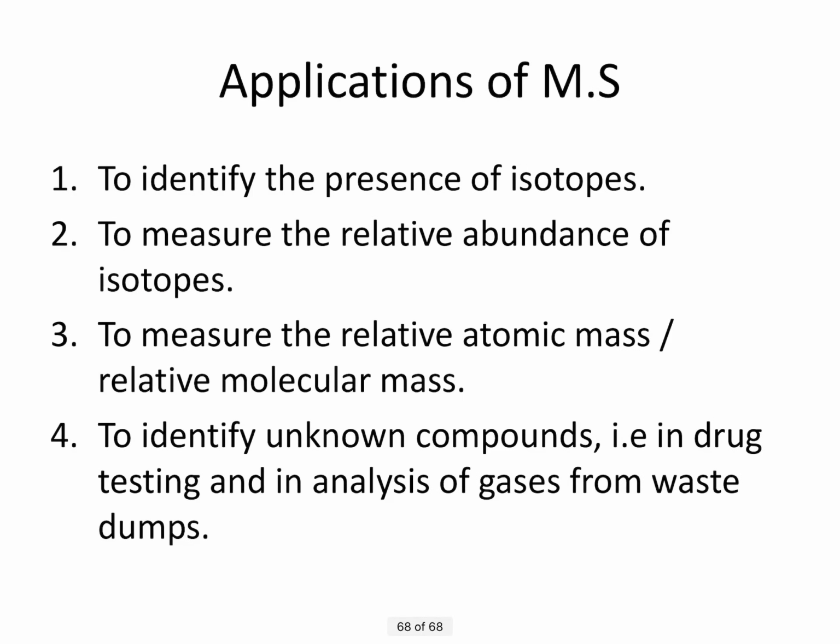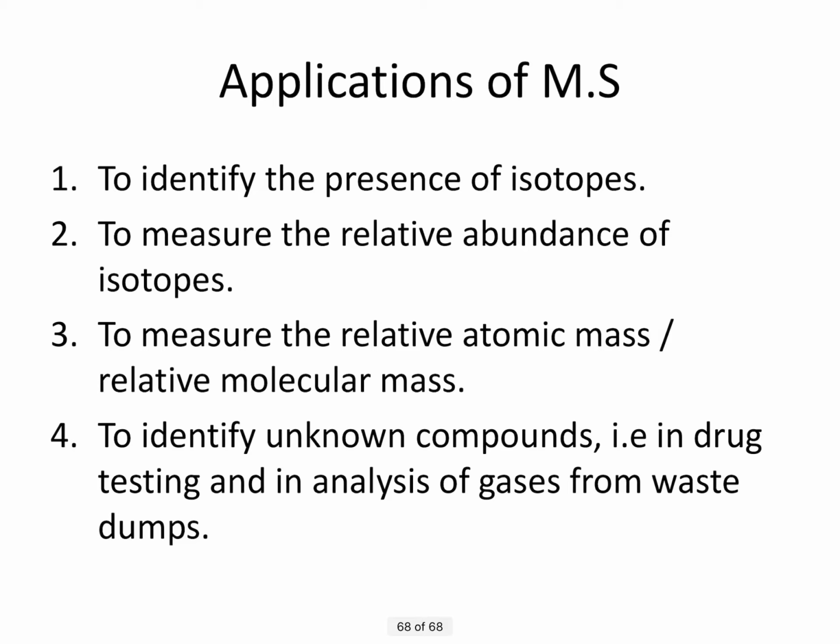Now, applications or uses of the mass spectrometer. What were we able to do with the mass spectrum that I gave you yesterday? You were able to identify the presence of isotopes. You knew that there were 6 isotopes of mercury. You were able to read off the y-axis the abundance of each isotope. Then you were able to calculate the relative atomic mass. Okay, and you emailed me the relative atomic mass of the mercury atom.